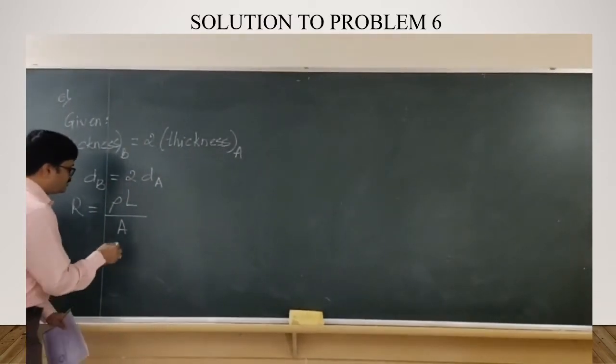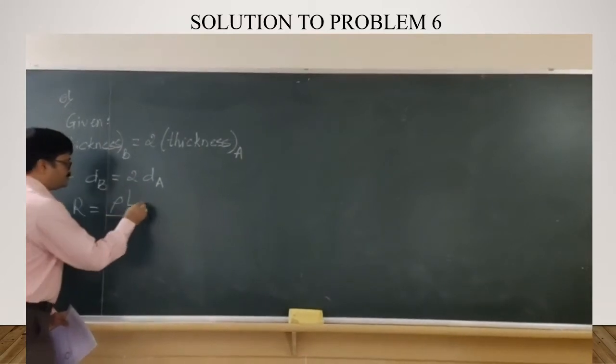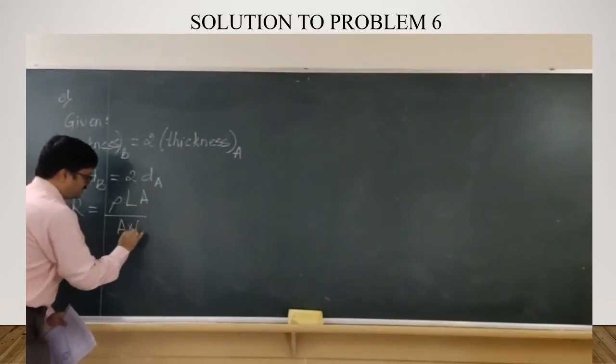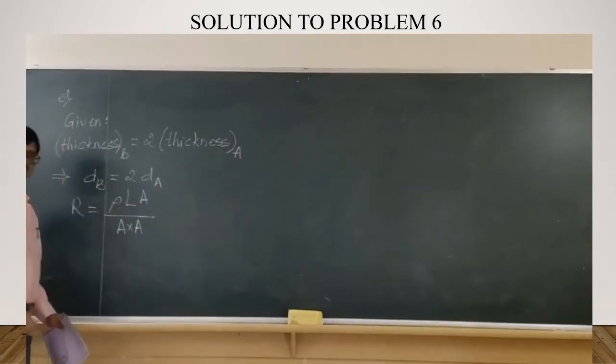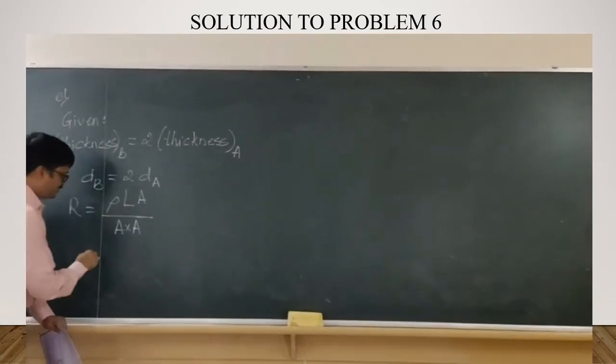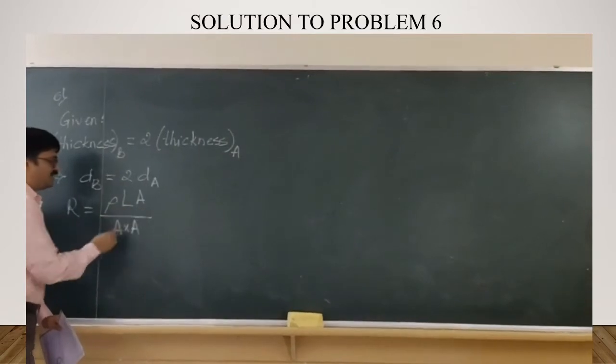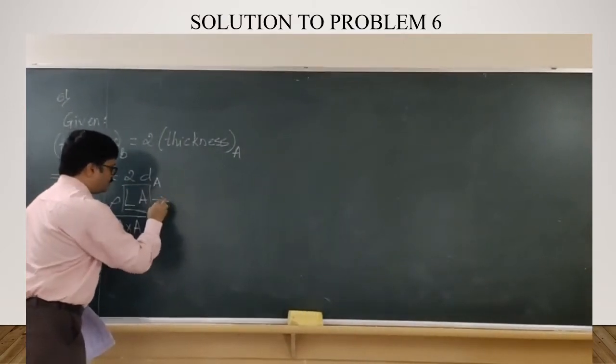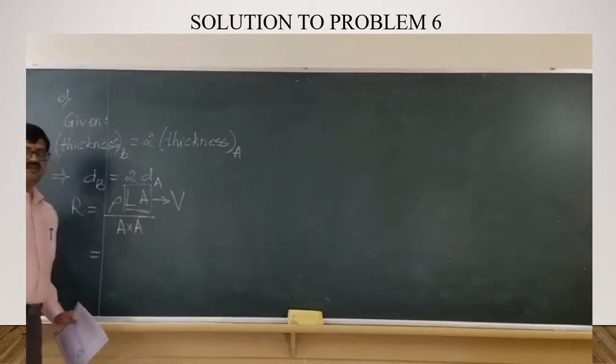Okay. So what I will do in this particular problem is I will multiply and divide by A in this equation. Then what is L into A? L into A, my friends, is volume. L into A is volume.